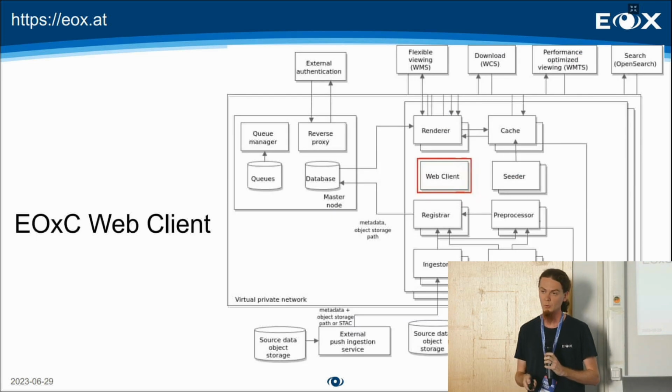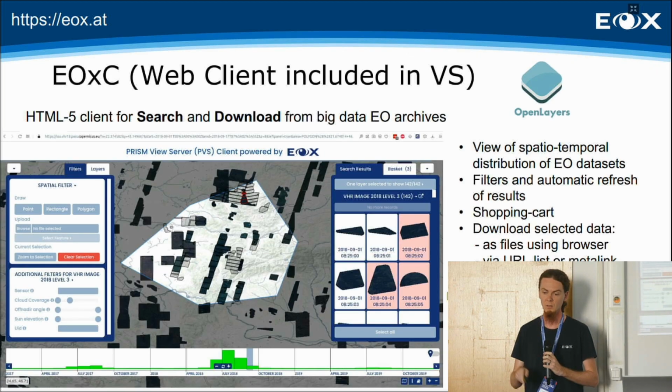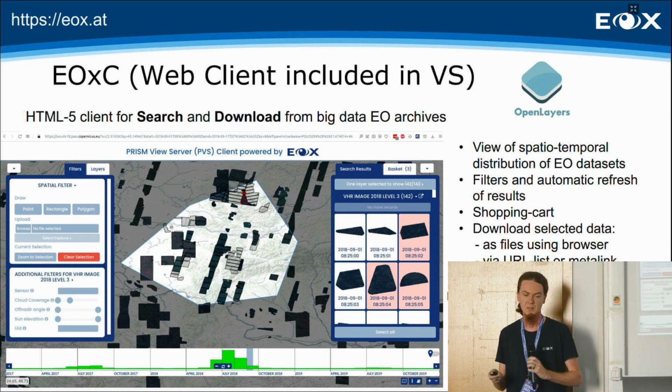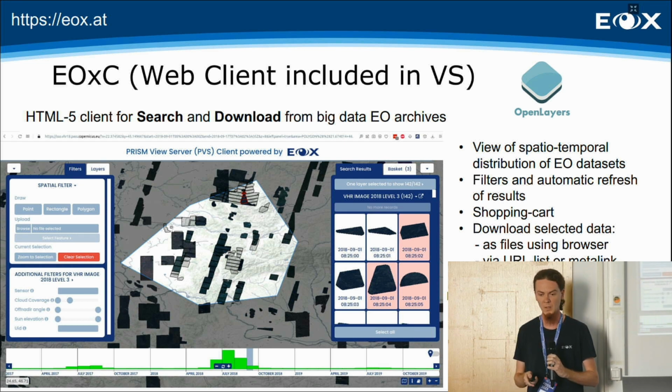As part of the whole view server, there is also a complete web client, which is configured to reference all the collections that are there in the view server at the time when you deploy it. It is simply a very configurable piece of software that we also used for other projects, not only for the view server itself.